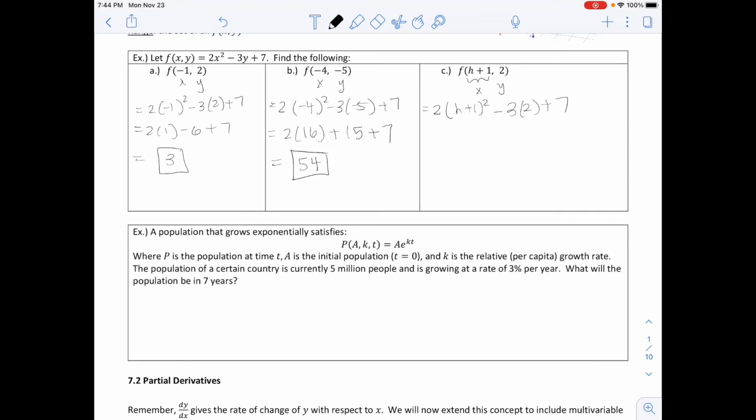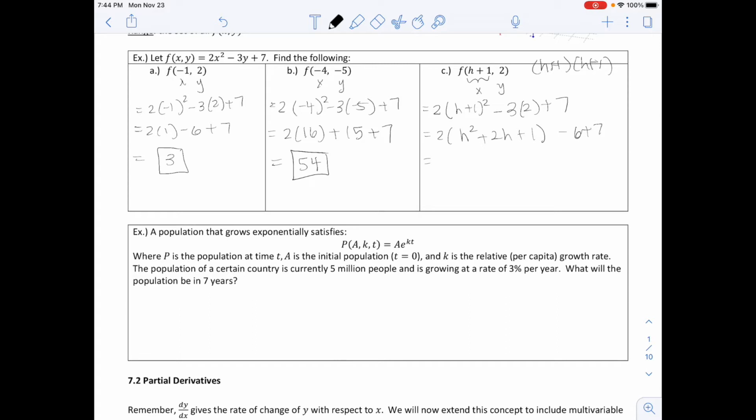To simplify this, I need to multiply h plus 1 squared, which means h plus 1 times h plus 1, which if you FOIL it and combine your like terms, you end up with h squared plus 2h plus 1, and then we have minus 6 plus 7.